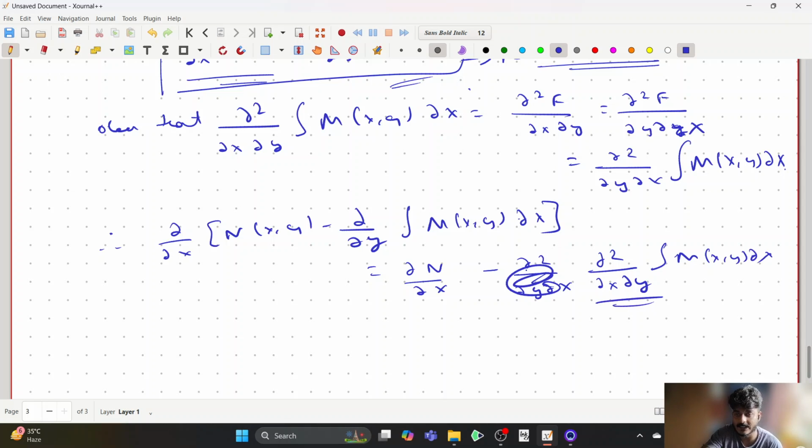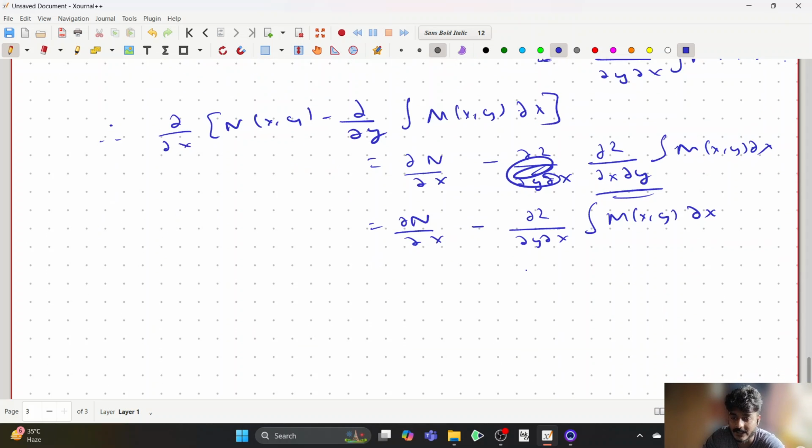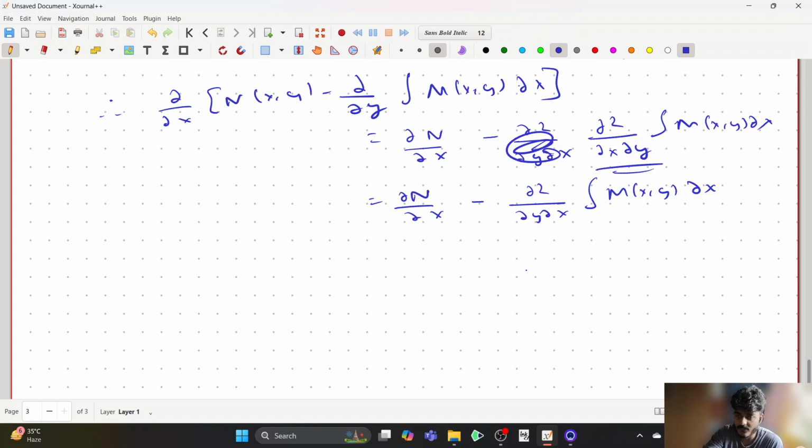But then I can interchange the del x del y from here. So this is equal to del n by del x minus del 2 by del y del x of integration m(x,y) del x. But integrating m(x,y) del x and then differentiating with respect to x itself will give you m.